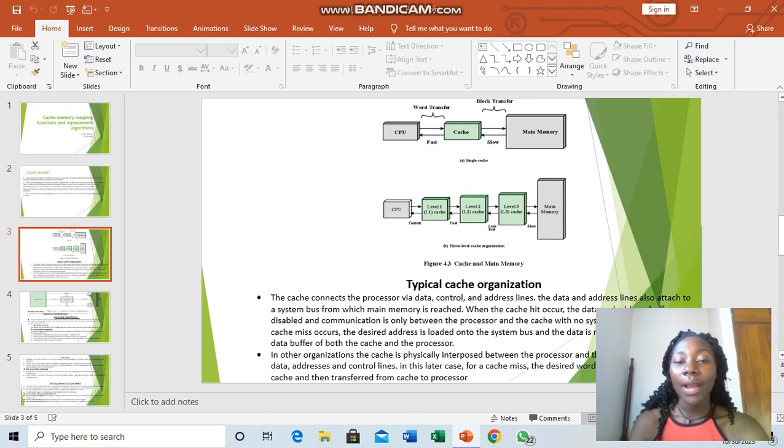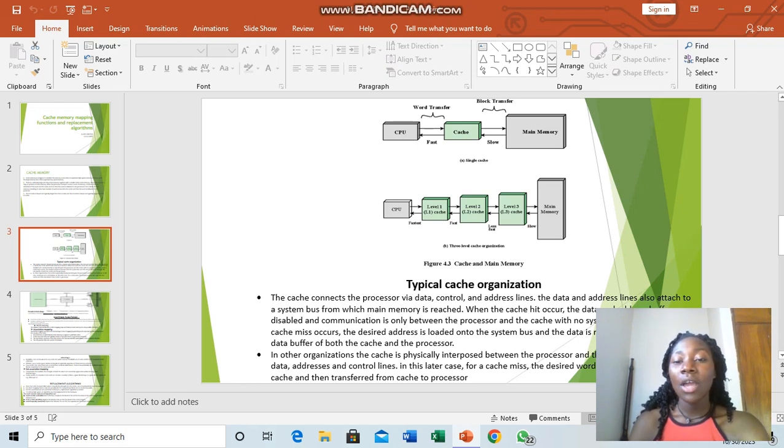When a cache miss occurs, the desired address is loaded onto the system bus and data is returned through the data buffer to both the cache and the processor. In other organizations, the cache is physically interposed between the processor and the main memory for all data, address, and control lines.